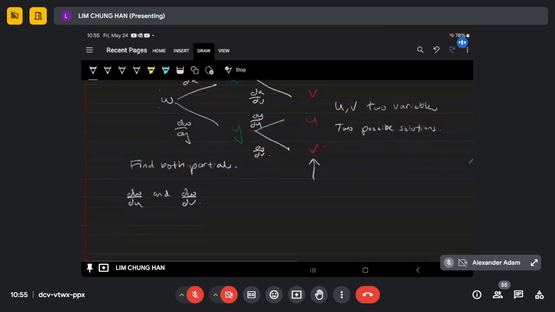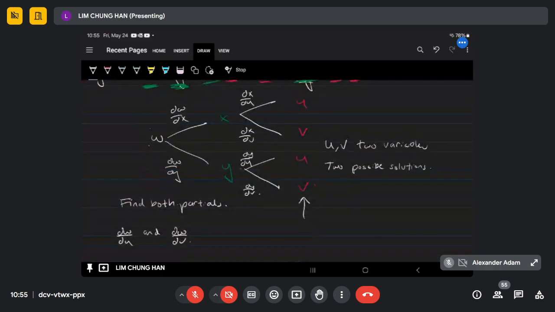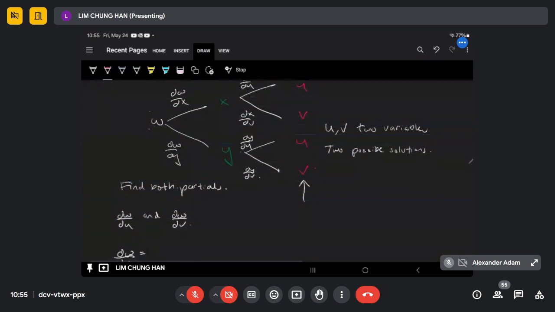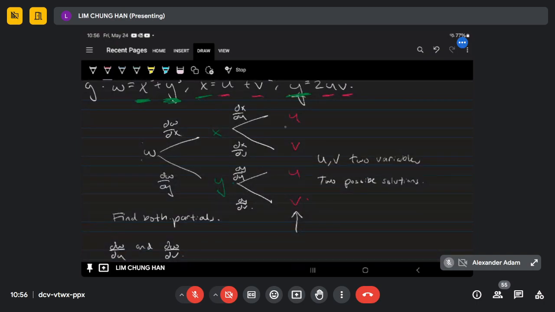So what is dw du? Well, I'm going to use color again. So dw du, you look at the u part. This is u, that is u. So you draw a circle, you link everything with the u together. Those are the u parts.